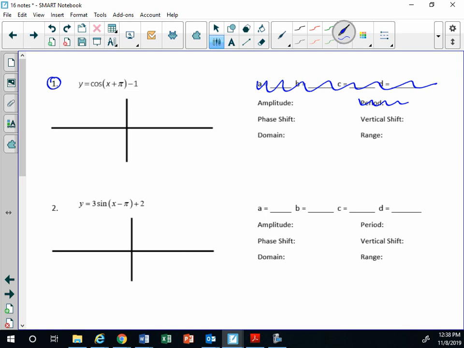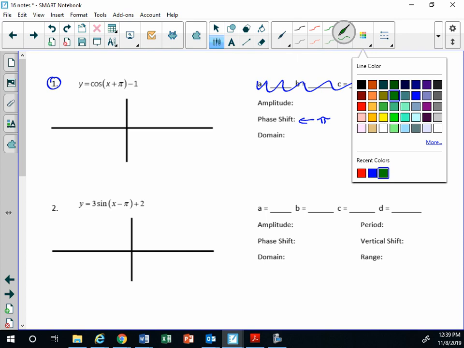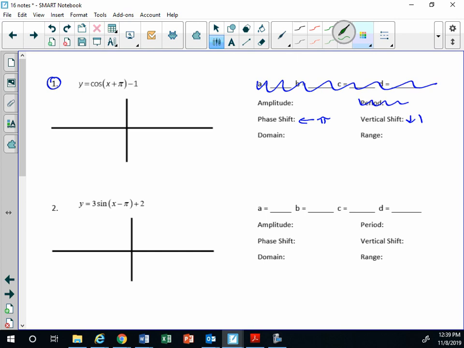You need to recognize that you are going left by pi, and you have to go down 1. You can do that all at once, so plot your parent dots, and then go left and down and put a new dot, okay? So I'll give you a little bit of time here. You have to put your own tick marks on there. We haven't talked about period yet, so that's why I crossed it out.